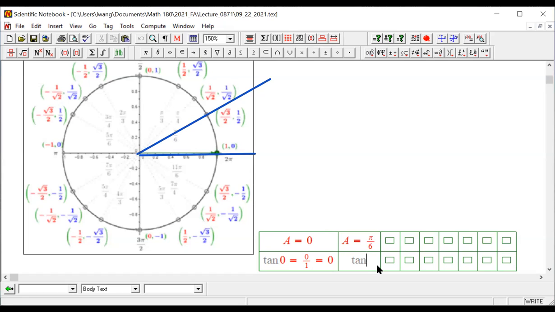So tangent of pi over 6 is what? It's going to be the blue number divided by the red number, right? Yes? What did you get?